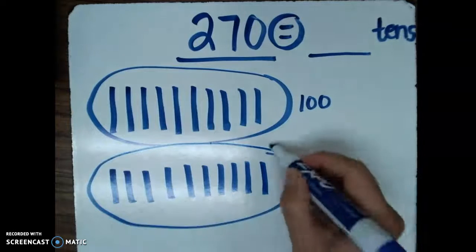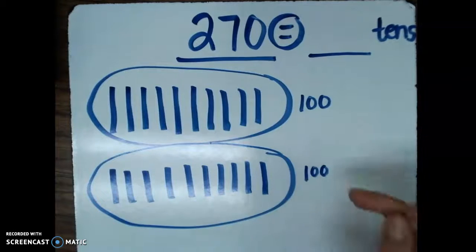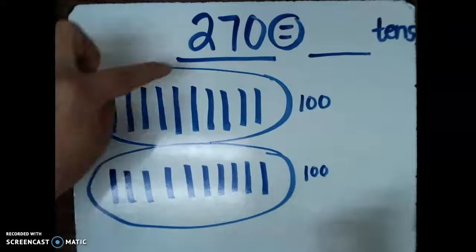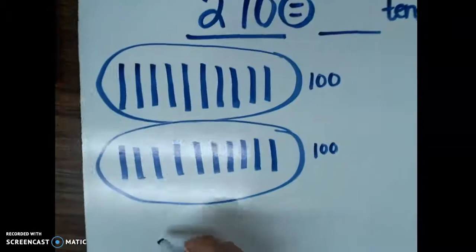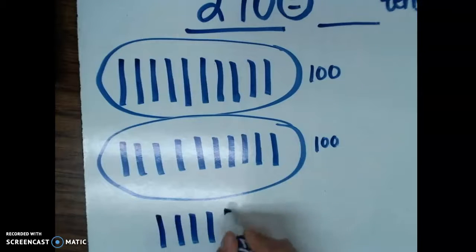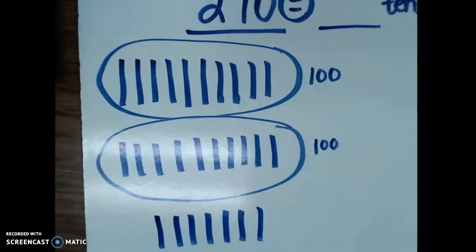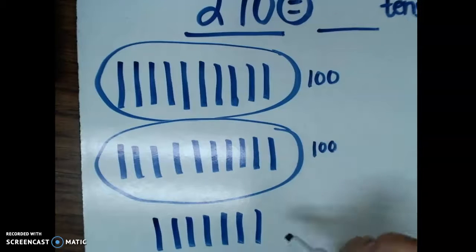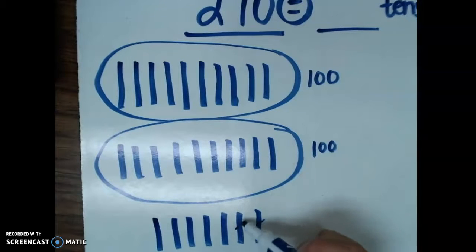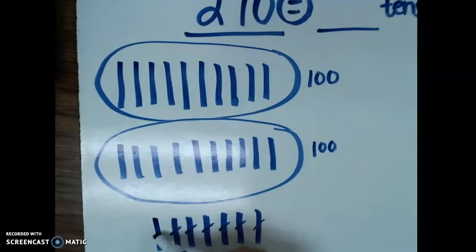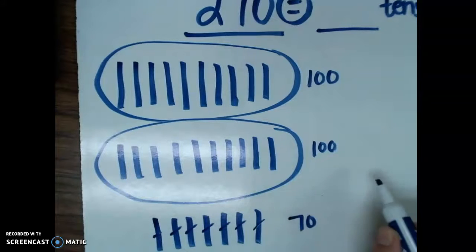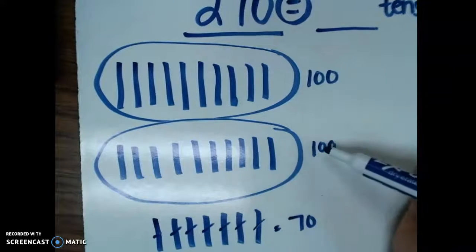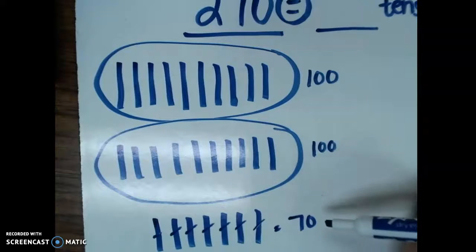Here's another 100. So now I have modeled 200, but now I have to do 70. So now I do 1, 2, 3, 4, 5, 6, 7. The reason I just drew 7 of these is because I'm going to count by tens. These are worth 10 each. So 10, 20, 30, 40, 50, 60, 70. Okay? So I have modeled for you 270.